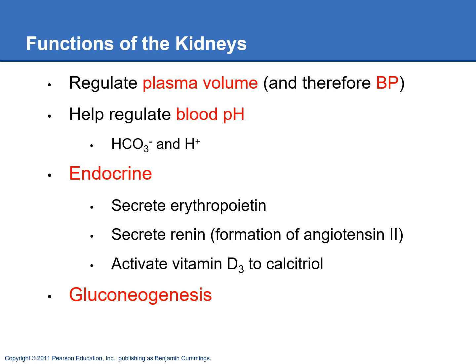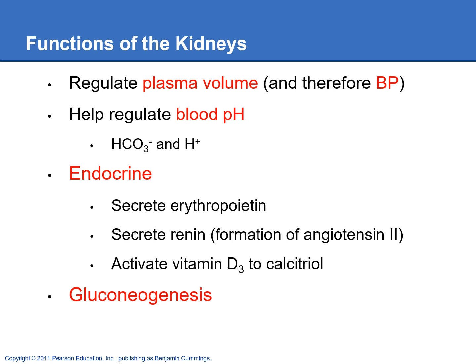They do secrete erythropoietin, which remember that's going to go to the red bone marrow and tell it to make more red blood cells. The kidneys also secrete renin, which we're going to talk about later, but that ends up setting off a bunch of different steps that will increase the blood pressure. And then the kidneys will also activate vitamin D3 to the active form calcitriol.